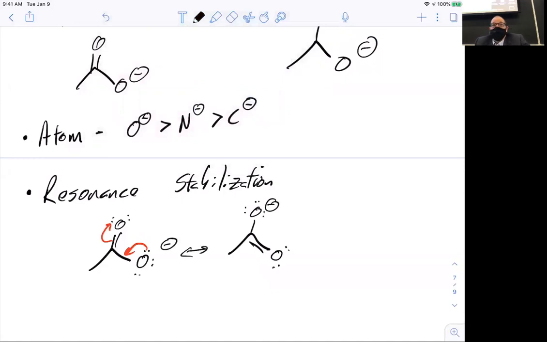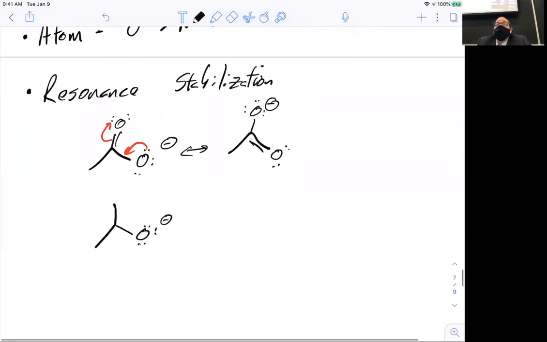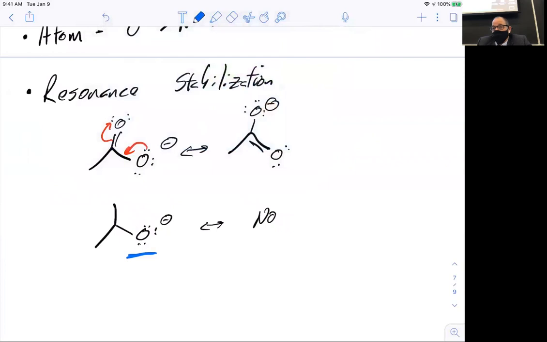So I've got this resonance contributor going back and forth. Do I have a resonance contributor for the other one? No. That means this negative charge is isolated, and it's all on that oxygen negative, but over here it's delocalized, which means that in this case I'm dealing with partial negative and partial negative.